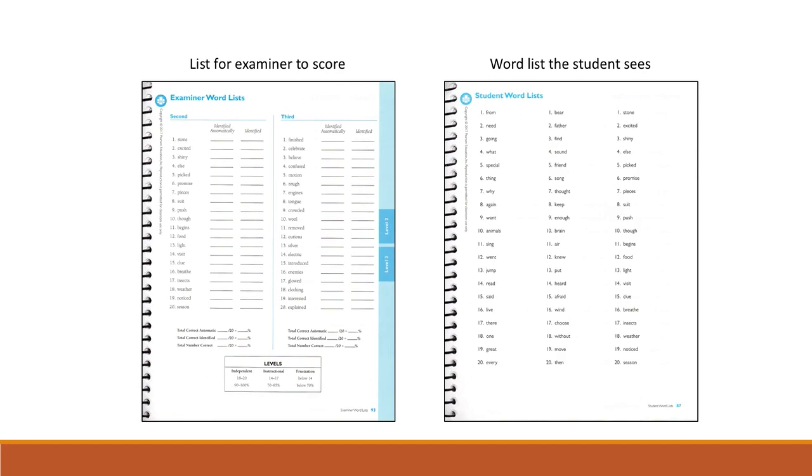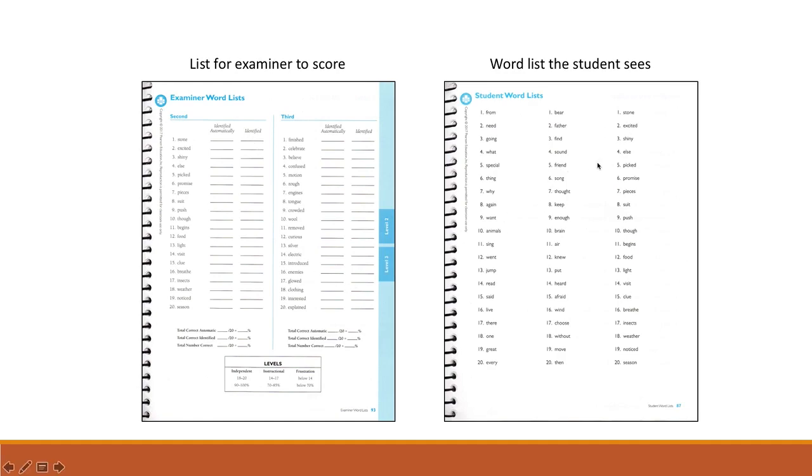Here's an example of the 2 word lists. One is the examiner's copy, which is the one on the left, and that's the one where you're going to be recording whether they get the word right or not. These are the 2 columns I was talking about as far as identified automatically or identified but took longer.